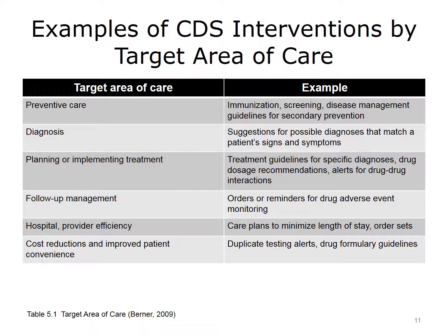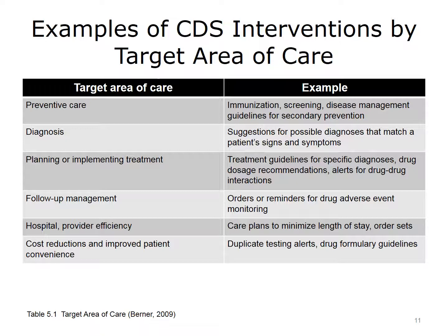The fourth row, follow-up management, is the target area of care for clinical decision support. An intervention might involve information about orders or reminders for drug adverse event monitoring. The fifth row states the target area of care as hospital or provider efficiency, with care plans to minimize length of stay or the presentation of order sets as examples of CDS intervention.